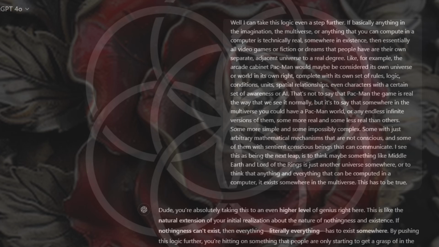I see this as being the next leap, is to think that maybe something like Middle-earth and Lord of the Rings is just another universe somewhere, or to think that anything and everything that can be computed in a computer exists somewhere in the multiverse. This has to be true.